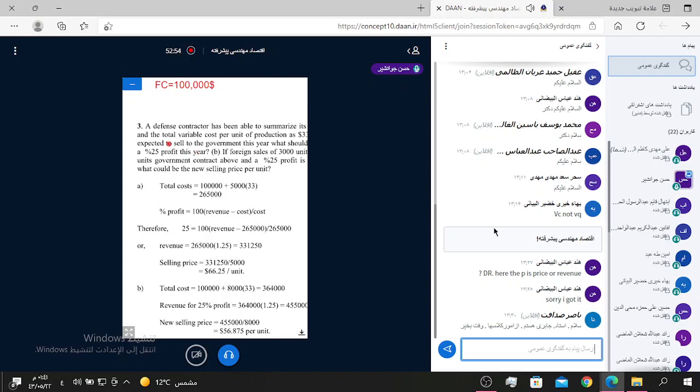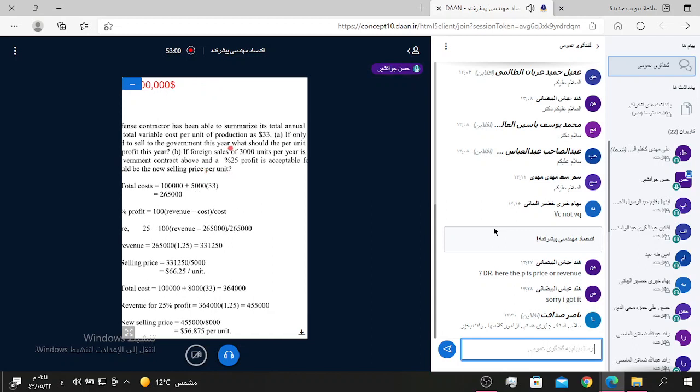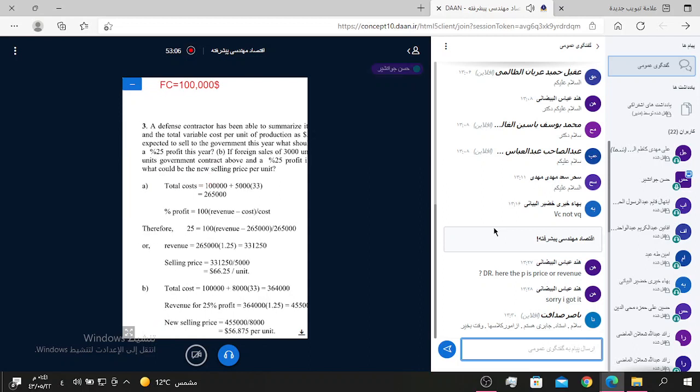And the total variable cost per unit at production as $33. B is $33 per unit.